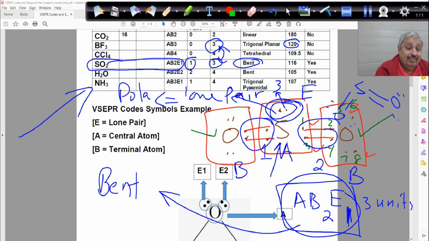Everybody's following here? Okay, so the last one. Everybody has this? So the shape is bent, but the angle here is 116, not 120, because with 3 zones it would have 120, but it's less.